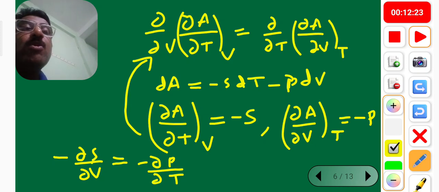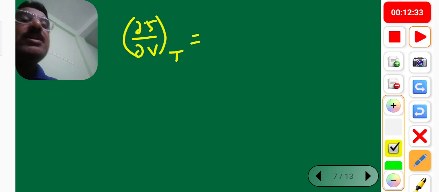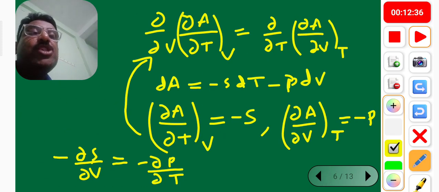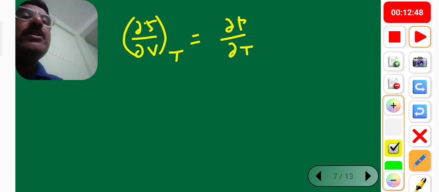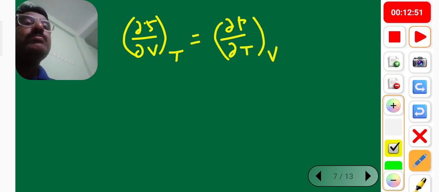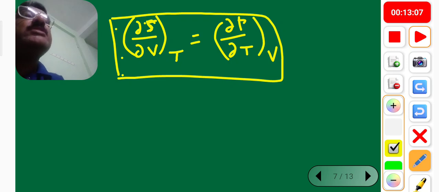So you can write dou S by dou V at constant temperature is equal to dou P by dou T at constant volume. Let me call this equation number 2.